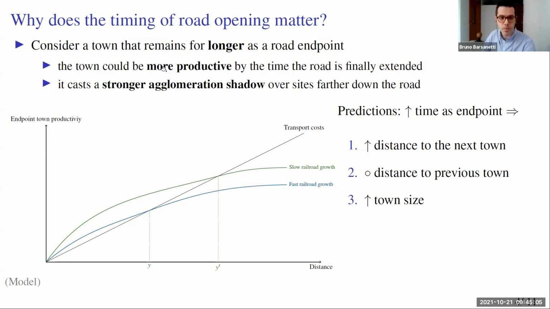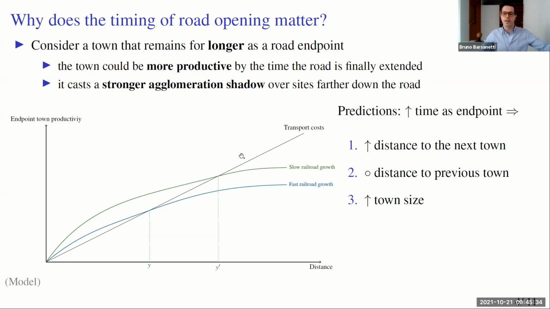And so what happens is that if a town spends a longer time as a railroad endpoint, the firms will be more productive when the railroad is eventually expanded. And so this will push the next town farther away by casting this larger agglomeration shadow. So the first prediction the model gives us is that if a town spends more time as an endpoint, the distance to the next town will be larger.